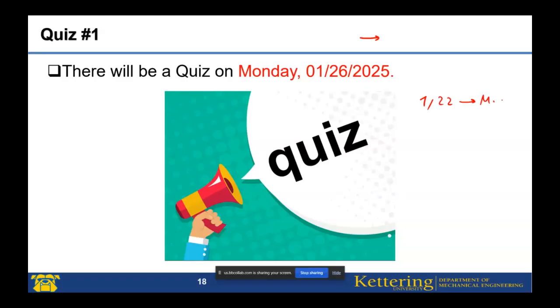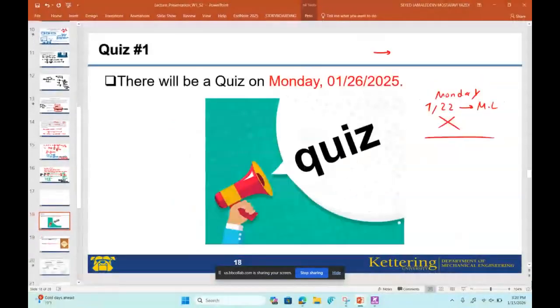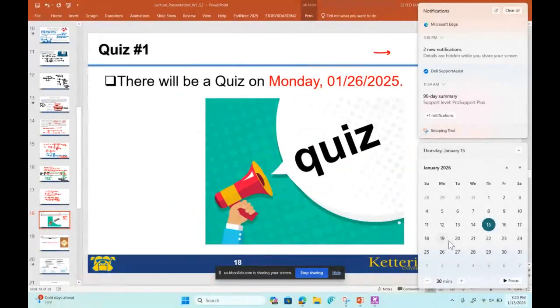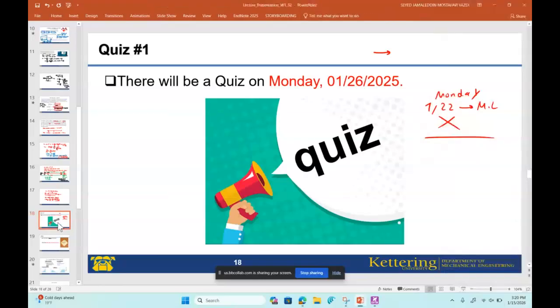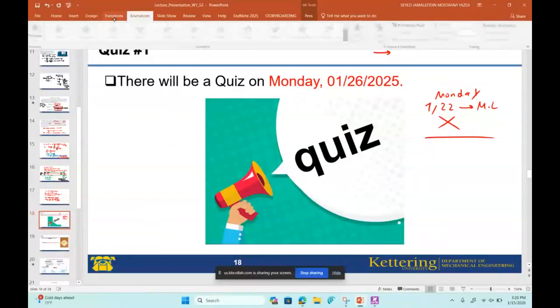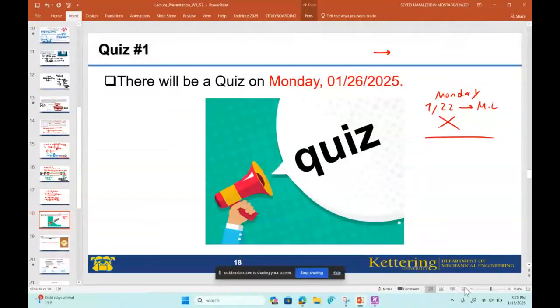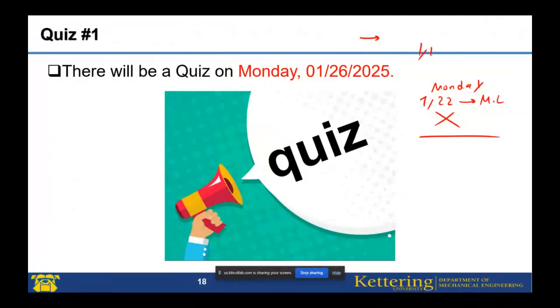It's Martin Luther King Day, and we do not have class next Monday, okay? The university will be closed. Next Monday is the 22nd, sorry, the 19th, and we do not have class because of Martin Luther King Day.